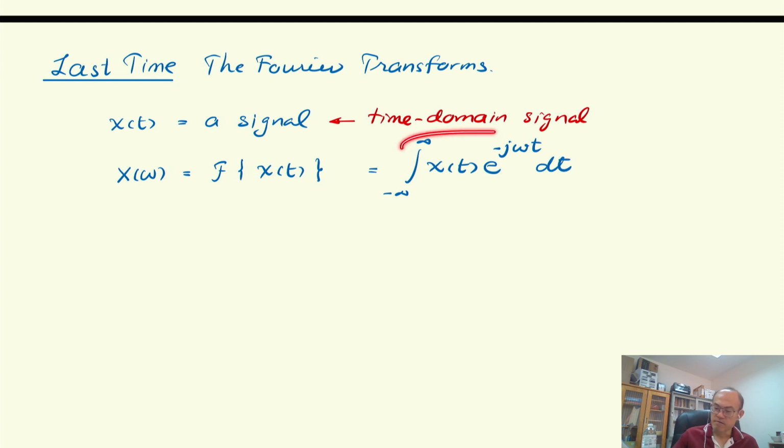Now, the value of this integral will not depend on the variable t because we have already integrated it out. After we've integrated it, we only have the variable omega that comes out. So the value of the integral will be a function of omega. That's why we denote it by X of omega. So this is the frequency domain signal.